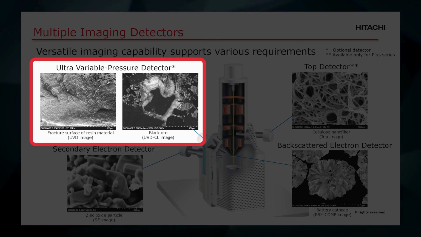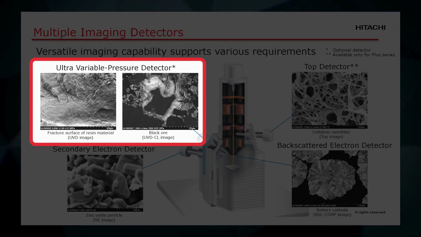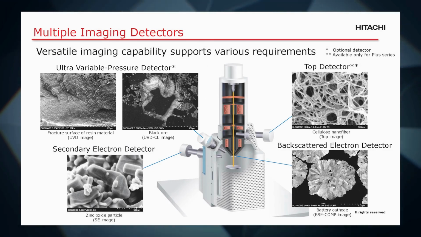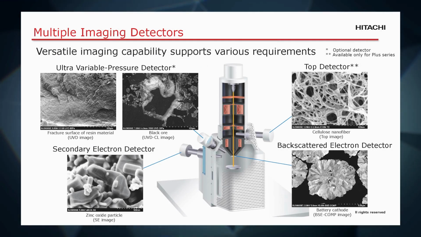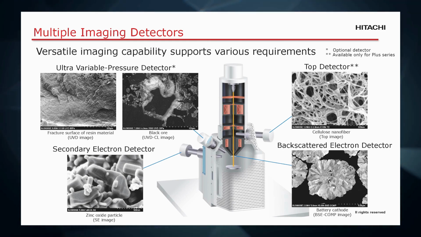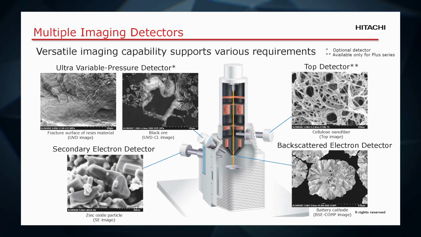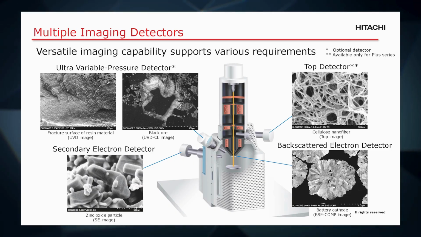The UVD detector can switch between topography mode and shear mode. I will explain this in more detail later. And of course, it can mix 2 signals and capture 2 images simultaneously. So today I will explain more details about the UVD detector.